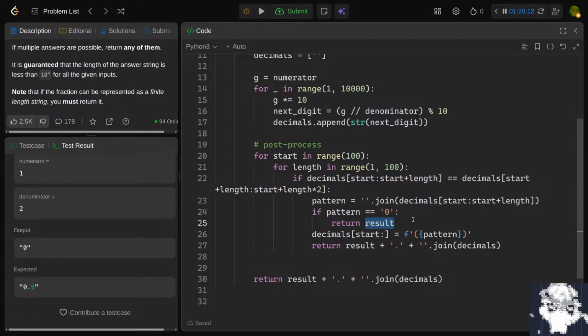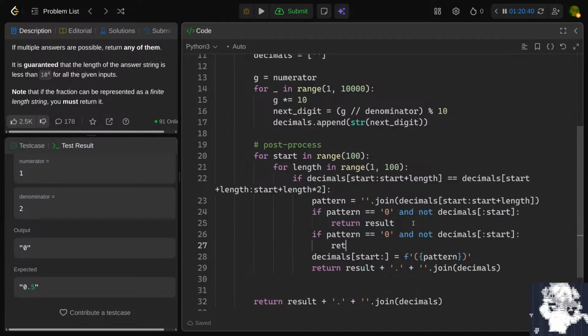Oh, but do include the stuff before the pattern. Okay, if the pattern is 0 and decimals up to start, and not decimals up to start, then you do that.